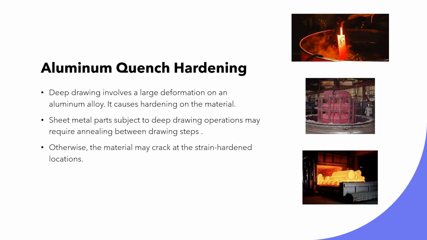So to prevent cracking, we have to do annealing between the drawing steps. You draw, you anneal, draw, anneal, draw, anneal. What are we trying to do? We're trying to harden the material without cracking.